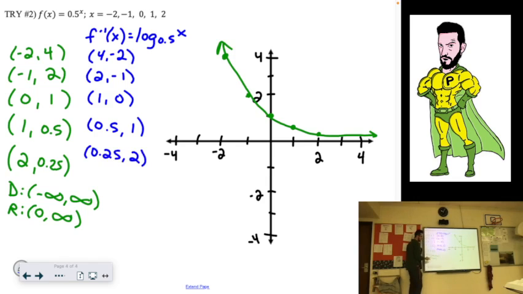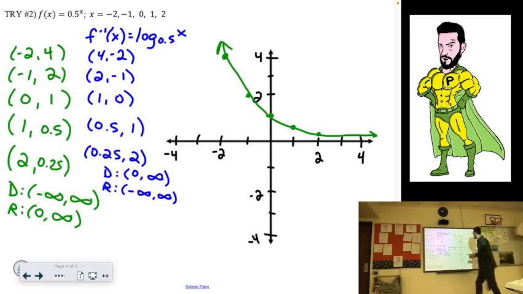The domain and range flip from the original function, so our domain would be the other range, 0 to positive infinity, or you could say x is greater than 0 if you want to list it that way, and then the range will now be all real numbers. All right, 4, negative 2, 2, negative 1, 1, 0, 0.5, 1, and 0.25, 2.